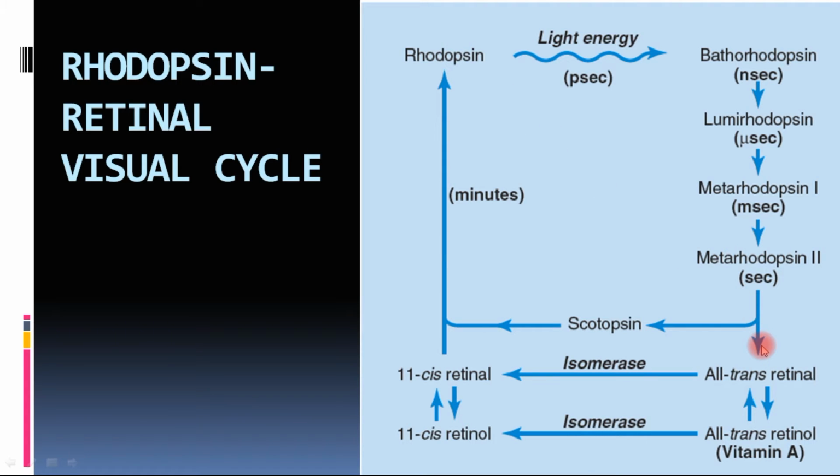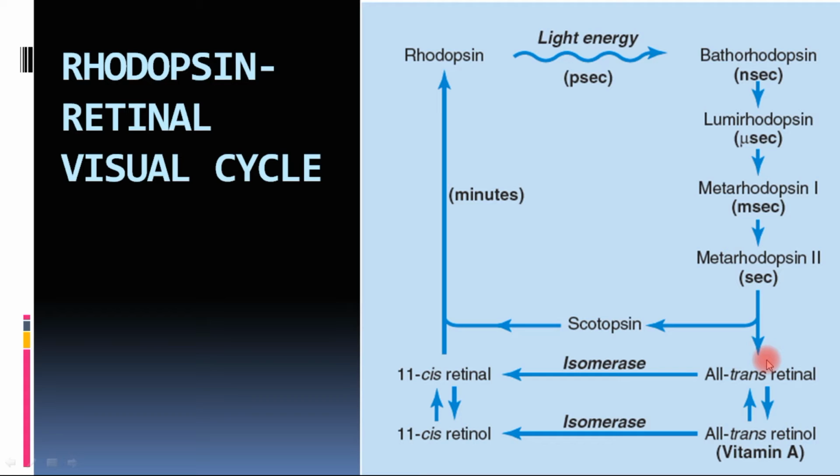As you remember, rhodopsin is made up of two individual structures, 11-cis retinal and scotopsin. When light falls on rhodopsin, it splits into all-trans retinal and scotopsin.